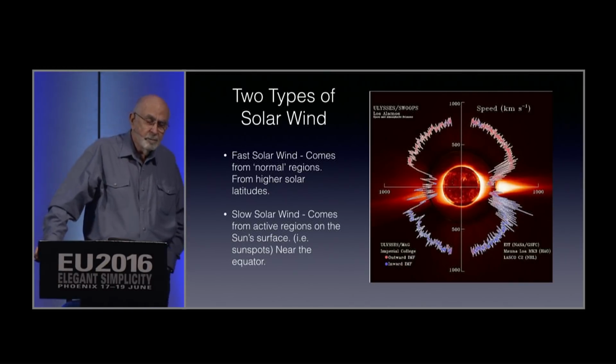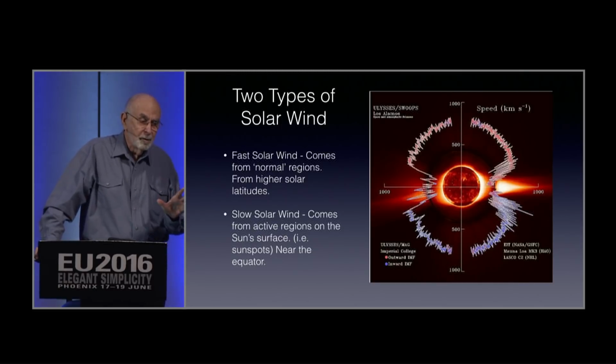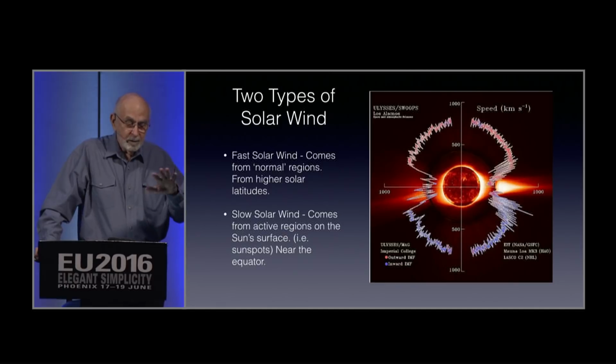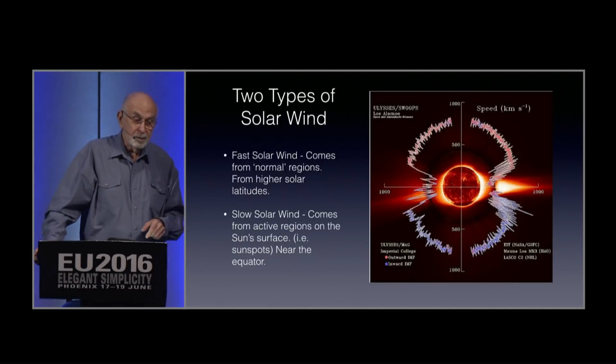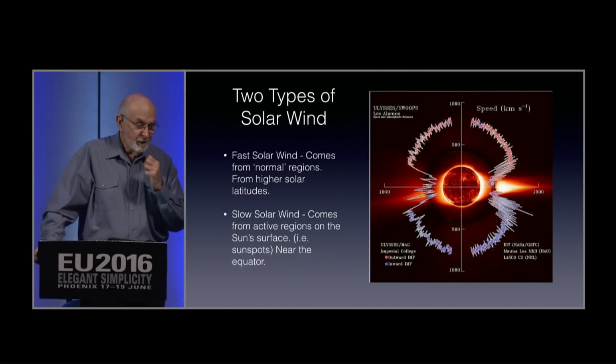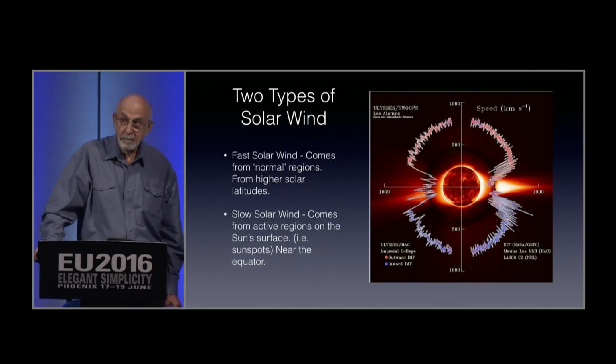Anyway, the fast solar wind comes from normal regions from higher solar latitudes. Now this is where we begin to divide into two different kinds of solar winds. A fast wind is one that comes from not in the equatorial region, and it gets up to about 800 kilometers per second. It comes from normal regions.